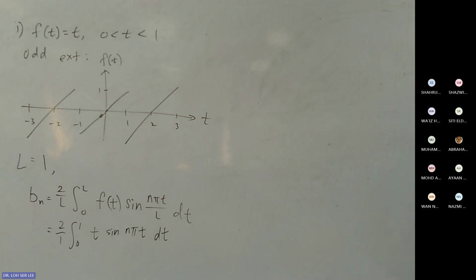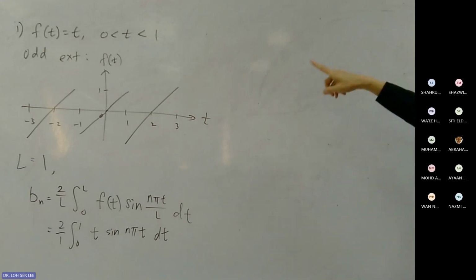If it is defined in full, you use the full range formula. If the function is given as odd, you can still use the full range formula, but if it is even, Bn is 0. If it is odd, A naught and An are 0.